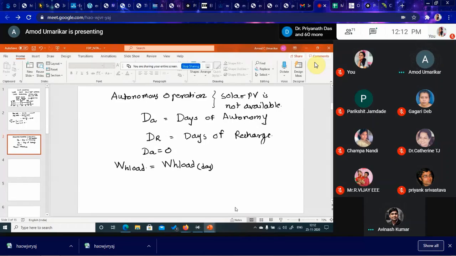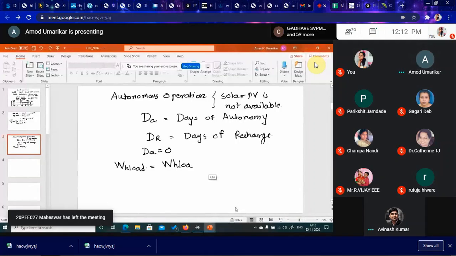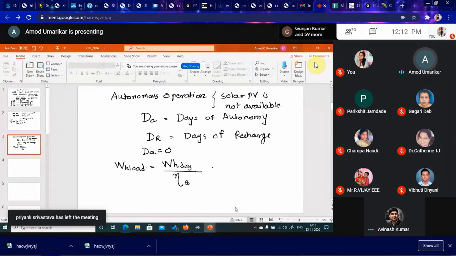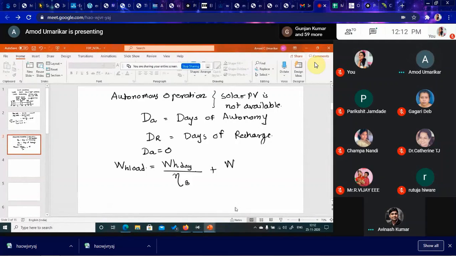I'll write it as WH day, upon, of course, if you want to take battery efficiency and losses into account, WH day upon battery efficiency and watt hour night upon battery efficiency.